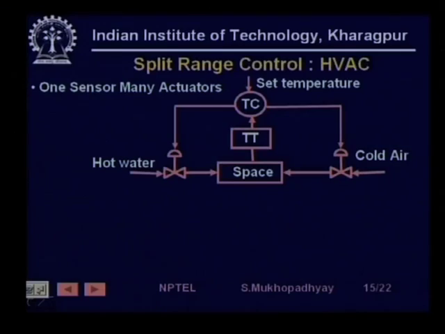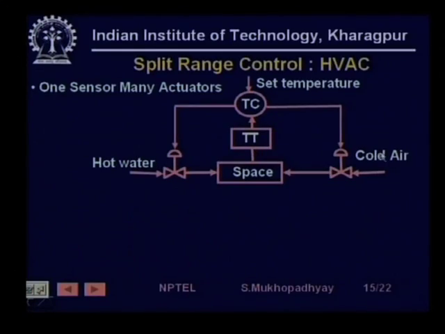And depending on whether you want to heat the room or cool the room, that is, depending on the set temperature, whether it is greater than ambient or less than ambient, you have to activate either this actuator or that actuator.